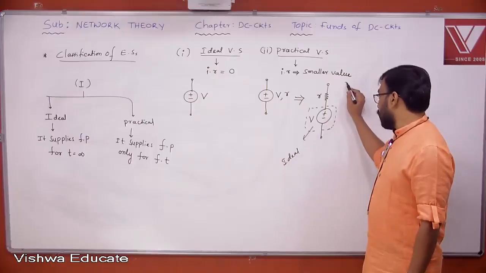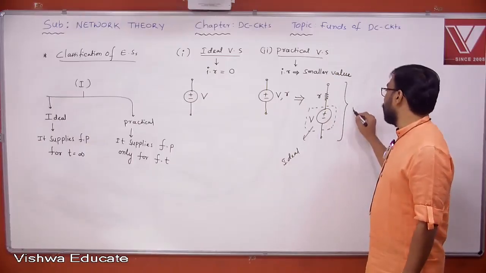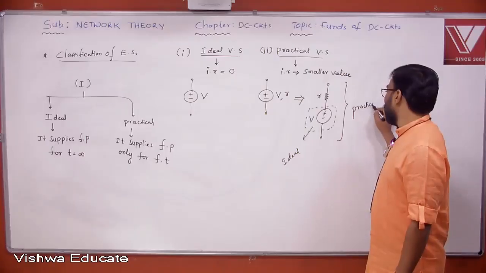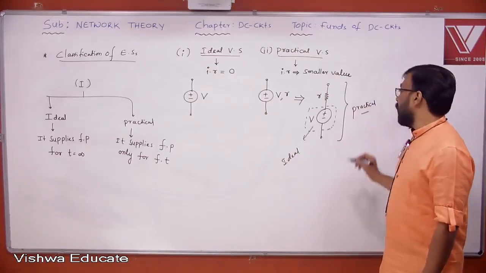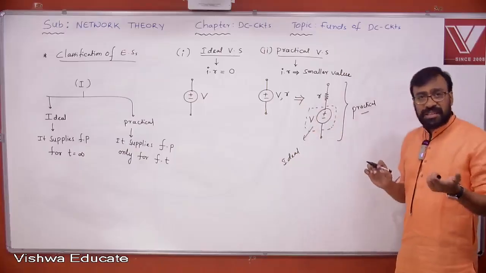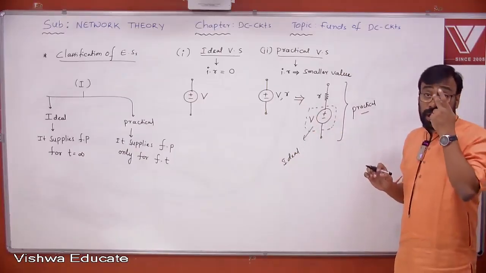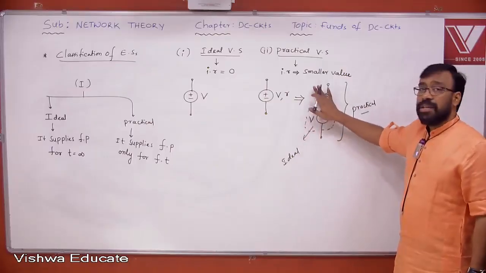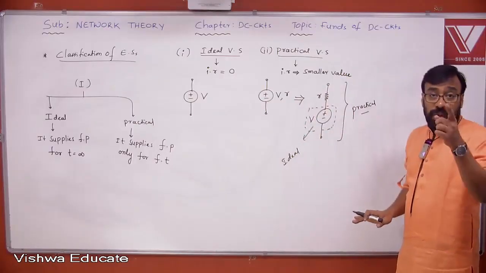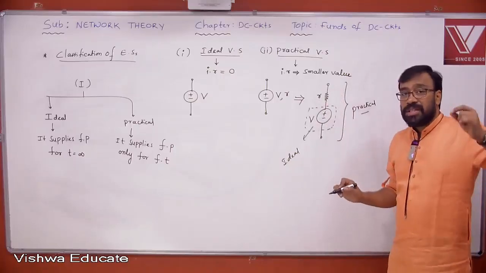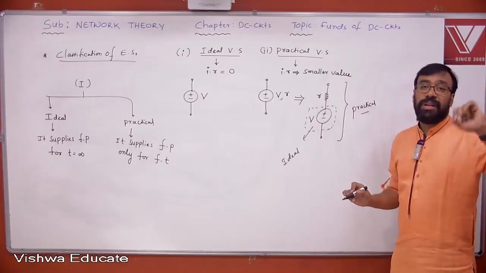Ideal. But these two together are practical. So a practical voltage source is nothing but an ideal voltage source with a series resistor. And this is one reason we are trying to keep this resistance value as small as possible.